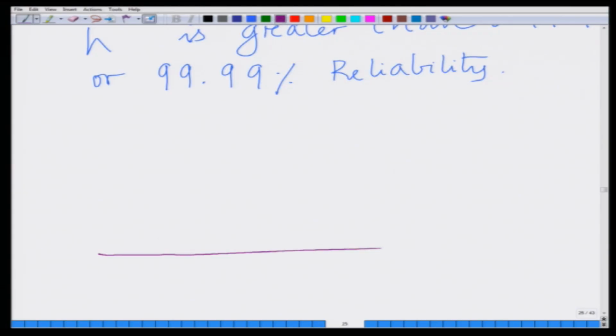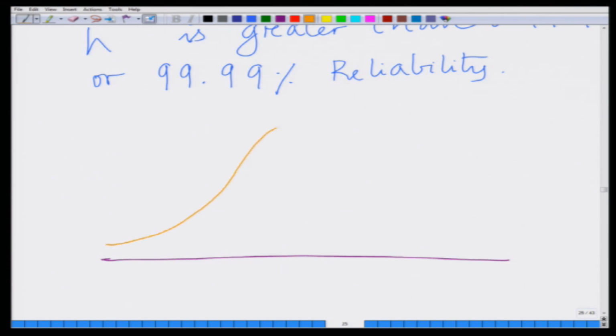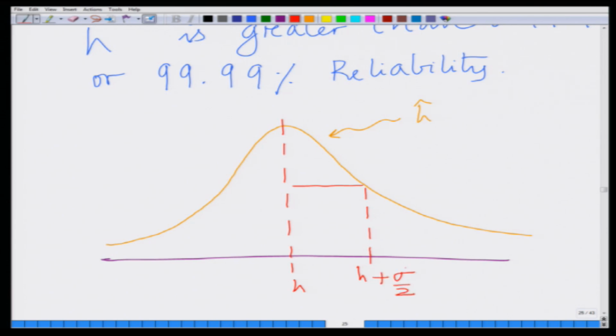Let us illustrate this pictorially. Your estimate is distributed as a Gaussian random variable, with mean centered around H. If we take a sigma by 2 radius around the mean, this is H plus sigma by 2, and this is H minus sigma by 2.